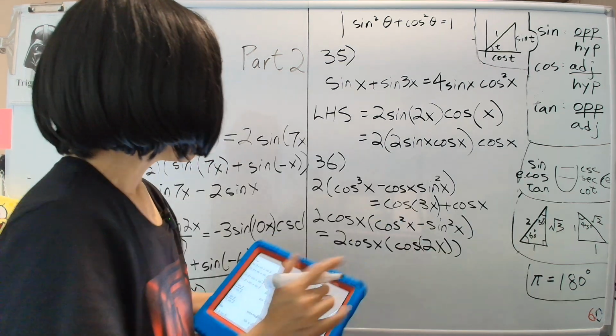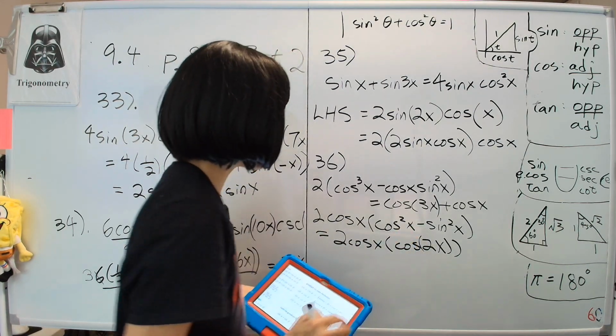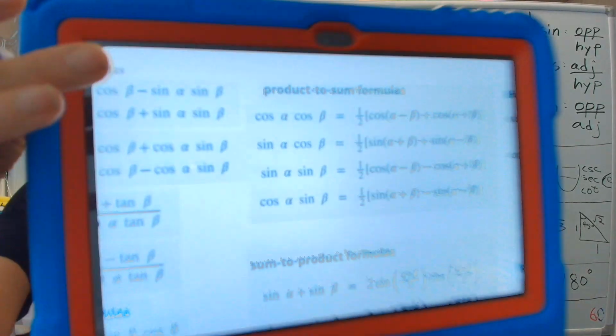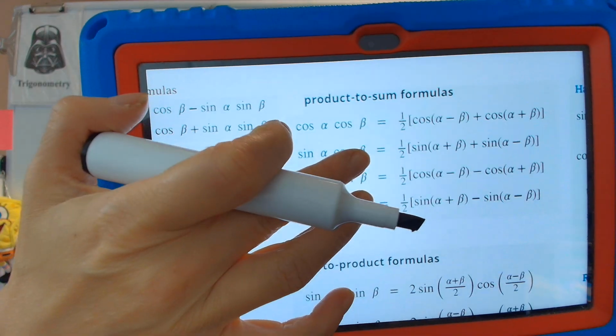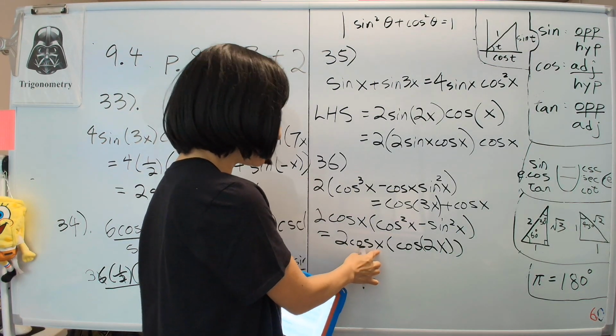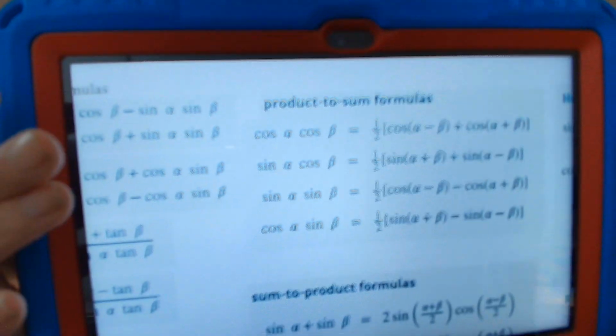So let's look at this: a cosine x and then cosine 2x being multiplied together. That's the product. So let's look at a product to sum formula. There's cosine alpha, cosine beta. Okay, it's just similar to this. So alpha will be x and beta will be 2x. So let's look at the formula again.